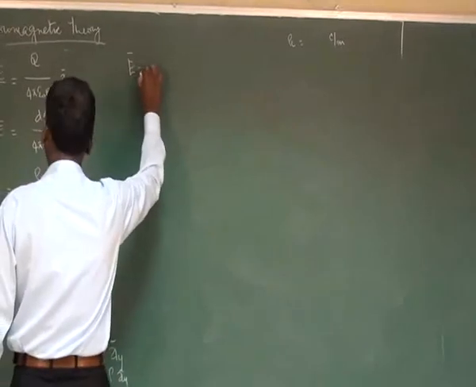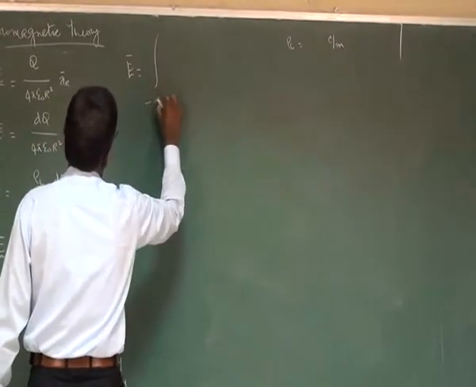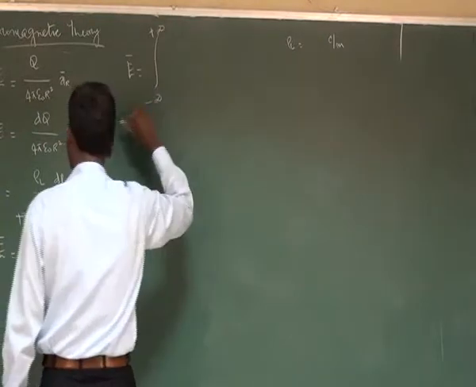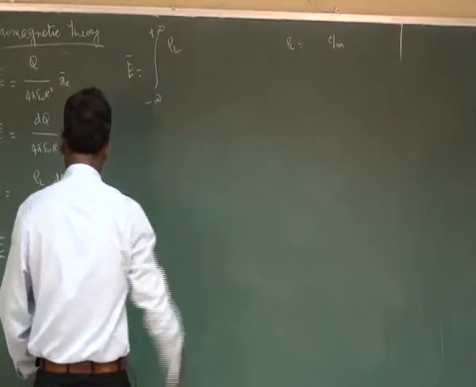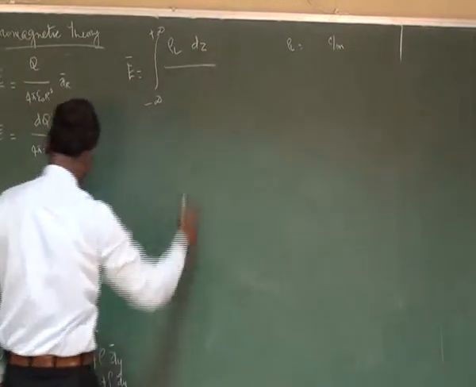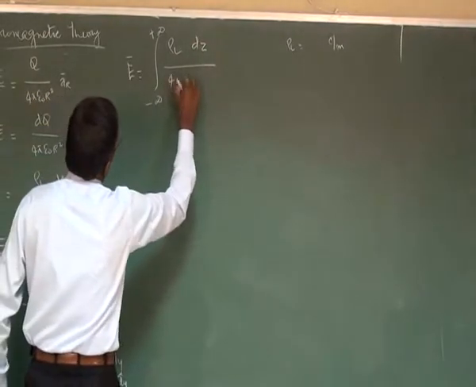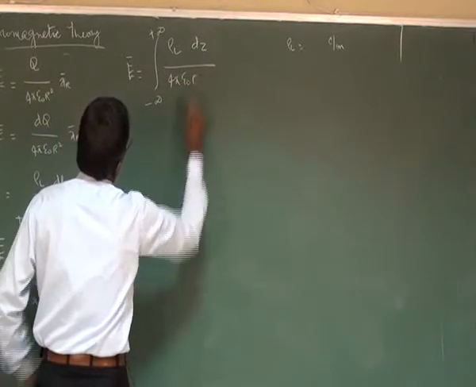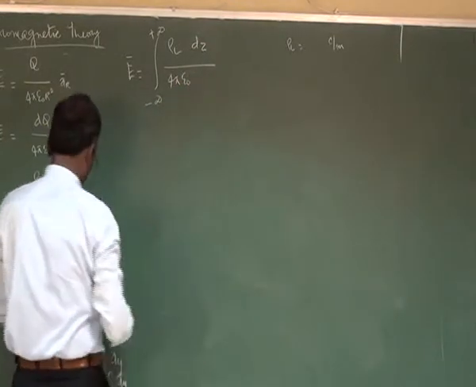E bar is equal to the integral from minus infinity to plus infinity of rho L, instead of dl I will write dz divided by 4 pi epsilon O R square. We will substitute this value later.